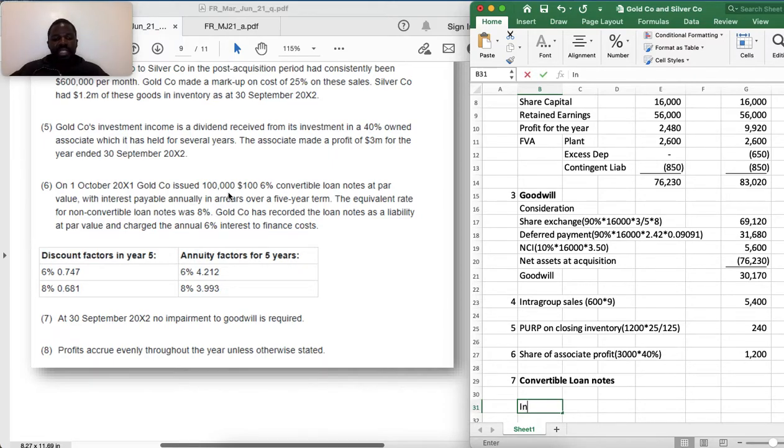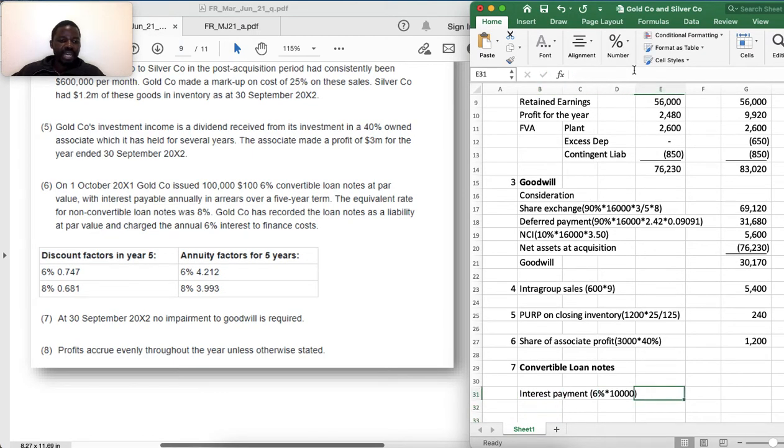Now we need to pay interest. The interest is always paid at nominal, so it's 6% at par. So the interest will be paid at 6%. So say 6% multiplied by 10,000. As we said, 10 million, and we are working in thousands.